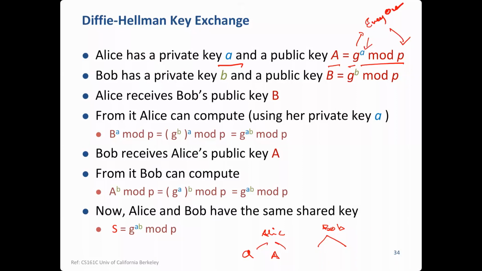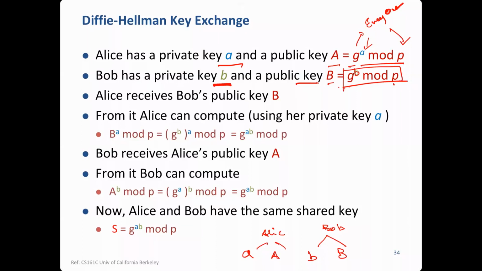Similarly, Bob has a private key b, and from this he generates a public key capital B, which is equal to g raised power b mod p. Note again that g and p are known to everyone. He uses his private key to calculate g raised power b mod p.